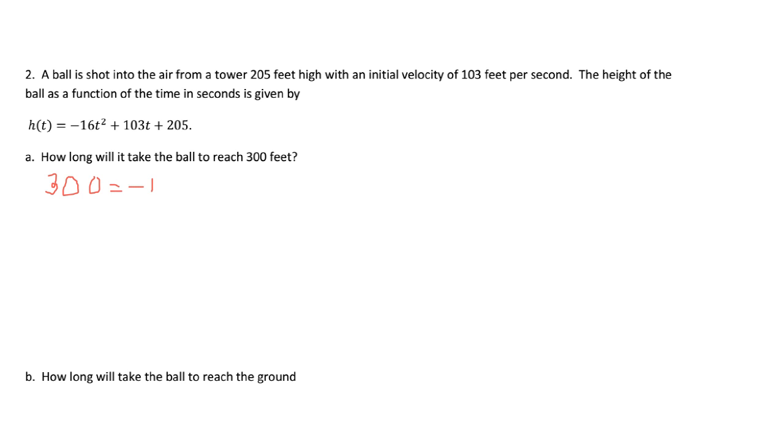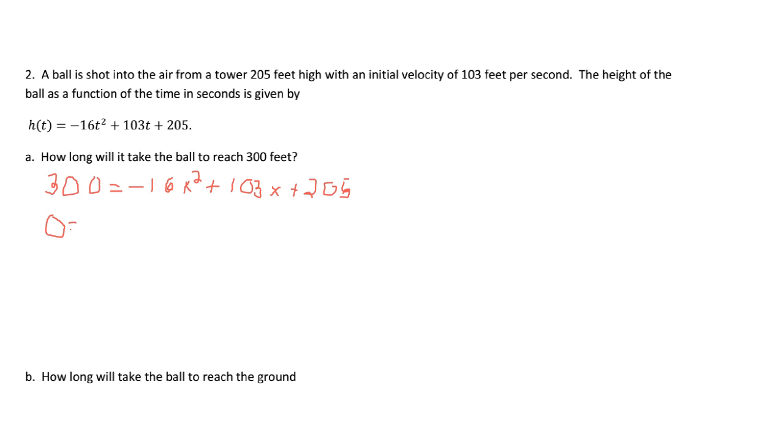Equals negative 16 x squared plus 103x plus 205. We have to get it equal to 0 because we can't do the quadratic formula without it equal to 0. Same as you can't factor it not equal to 0.